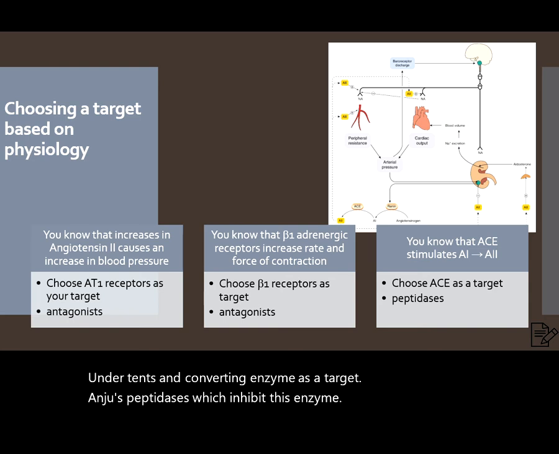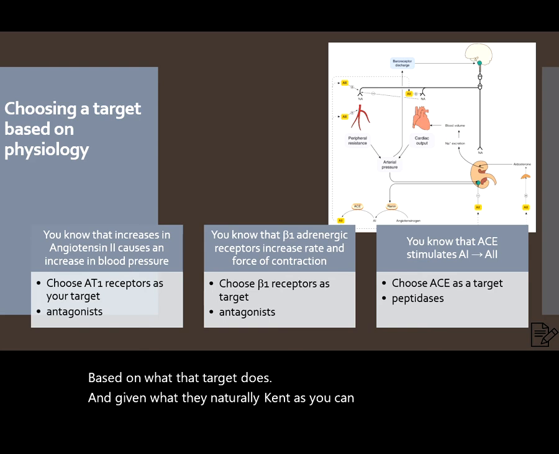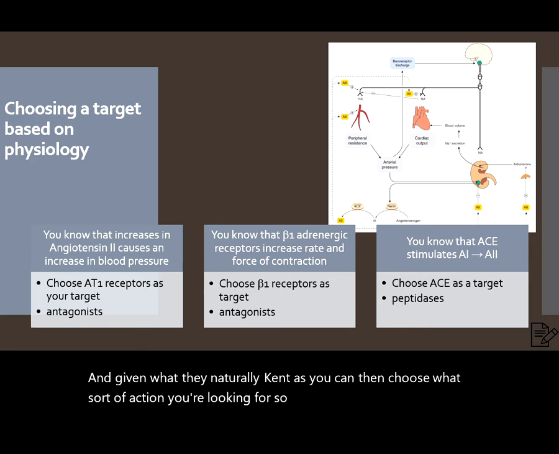So then this is using your physiological knowledge to select a target based on what you know that that target does. And given what the natural ligand does, you can then choose what sort of action you're looking for. So this is choosing a target based on physiology or knowledge.